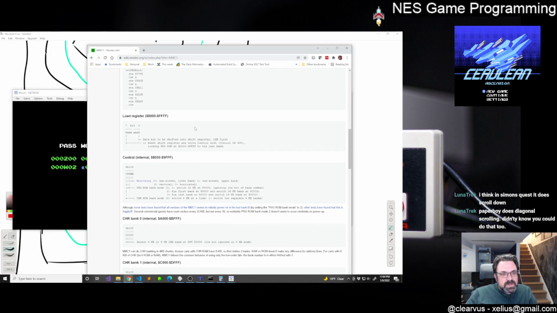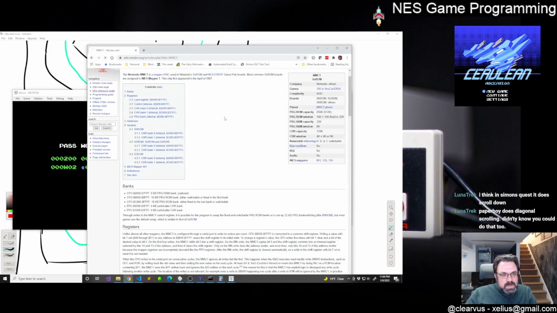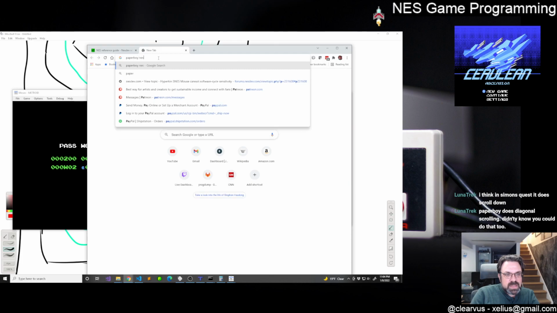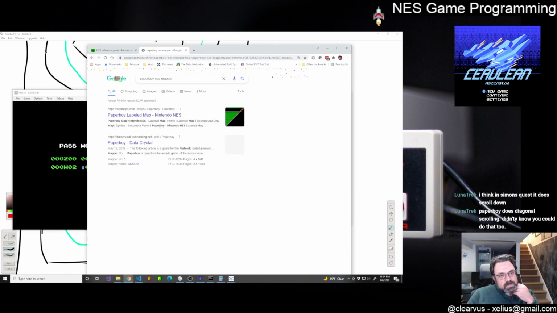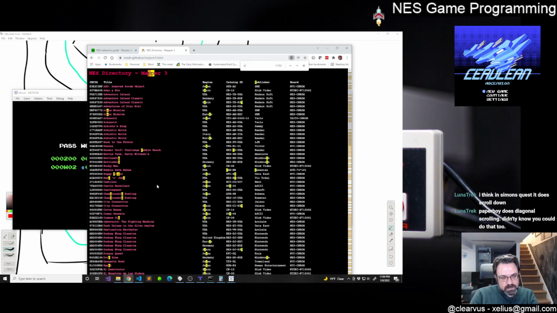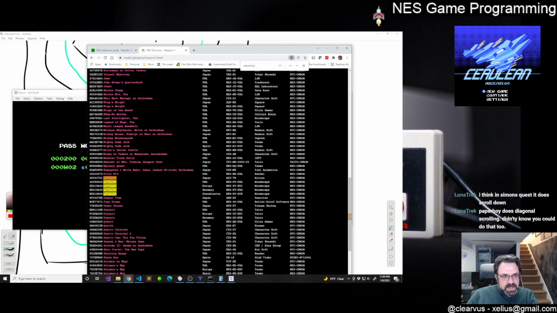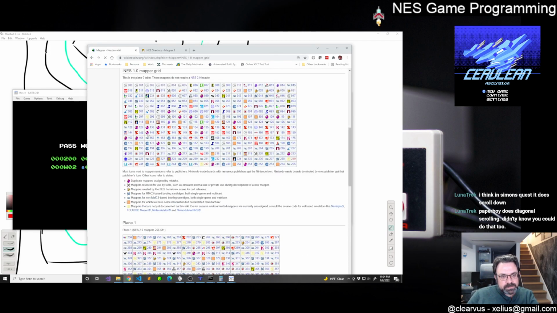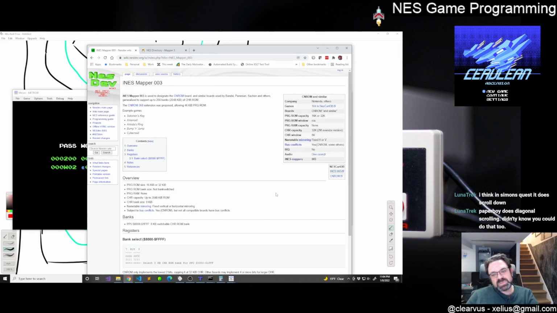I wonder if Paperboy is using four screen mode. Let's see real quick. Paperboy NES mapper. Paperboy is using mapper number 3. So it's only using... that's only fixed.